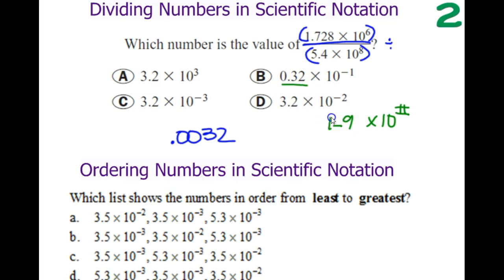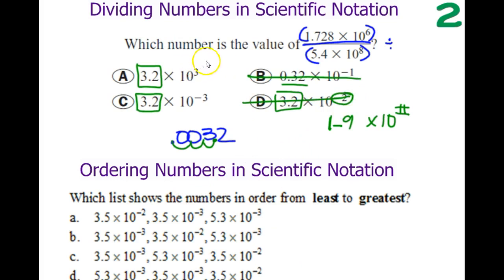0.32 is not between 1 and 9, it's less than 1, so I can eliminate that answer right away. And I can eliminate this, oh, nope, that one's good, 3.2, 3.2, 3.2, those are all between 1 and 9. So we know our decimal has to be 3.2, we want it way over here. And we're going to move our decimal 1, 2, 3 spots. So I can already eliminate this one because it says only move 2 spots.